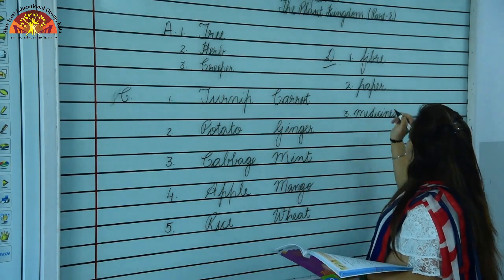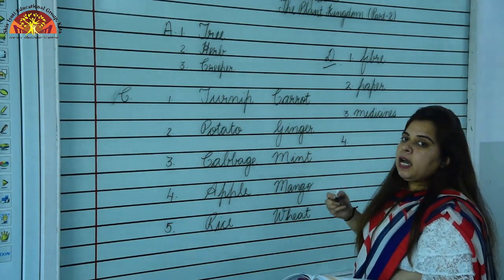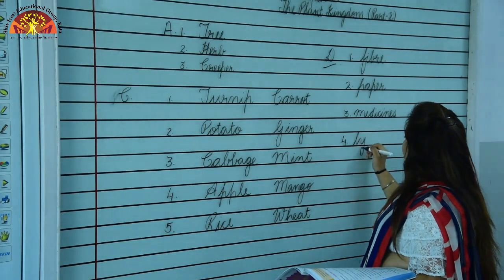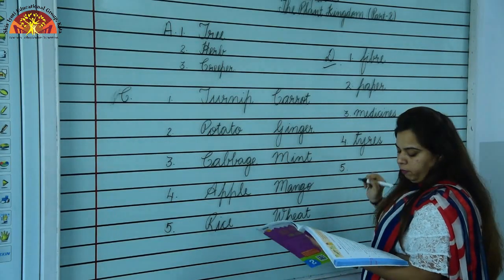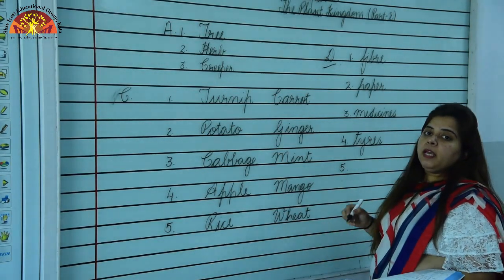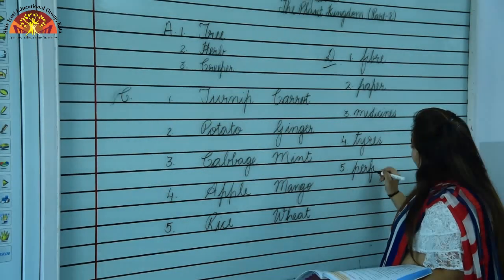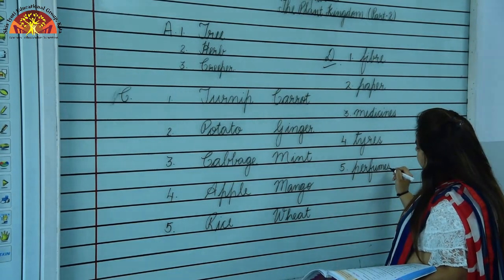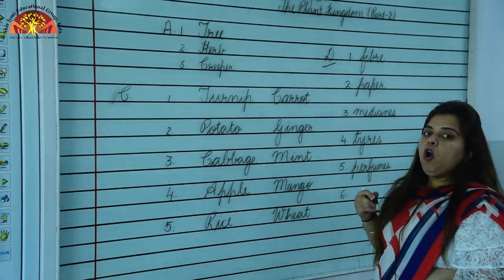M-E-D-I-C-I-N-E-S, medicines. Number 4, from rubber we make tires. T-Y-R-E-S, tires. Number 5, from rose we make perfumes. P-E-R-F-U-M-E-S. Number 6, from coconut we make oil.